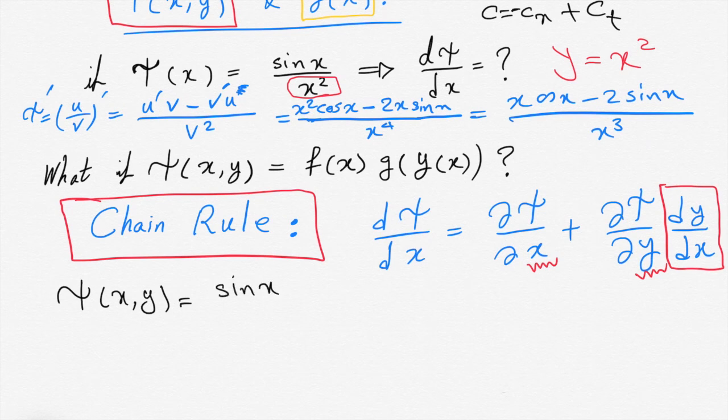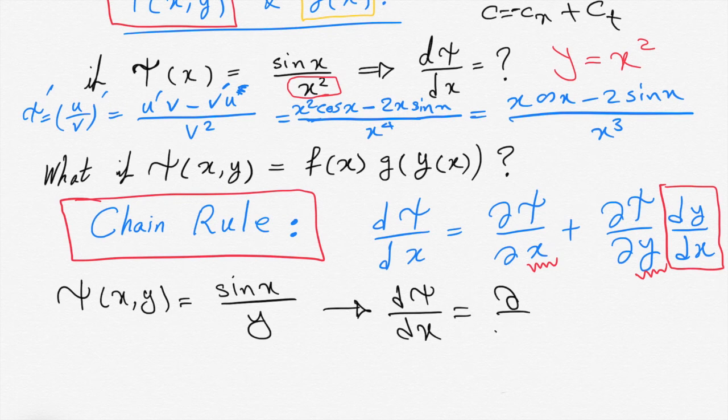So we say that psi of x and y is equal to sine of x over y. So what is the chain rule? How can the chain rule actually help us to find the derivative of psi over x?